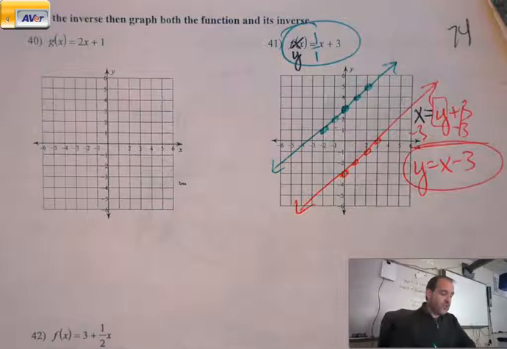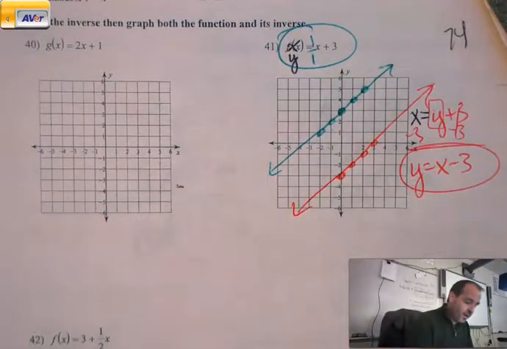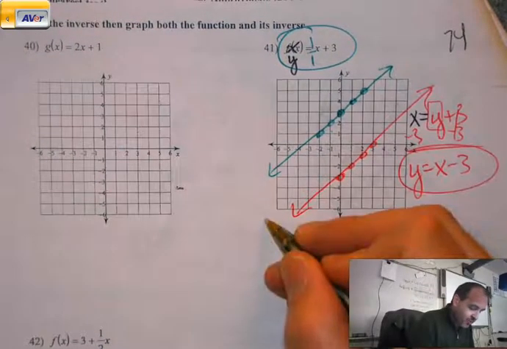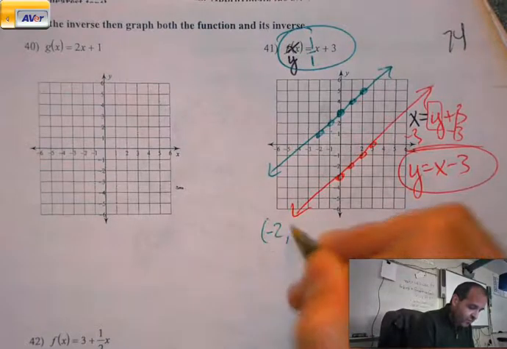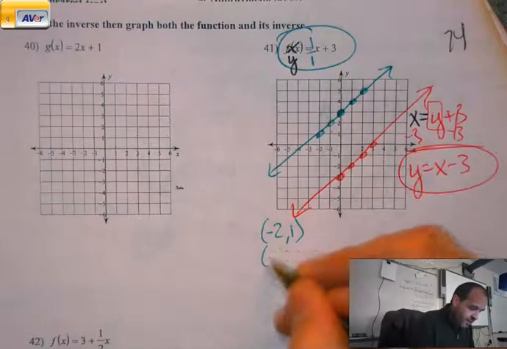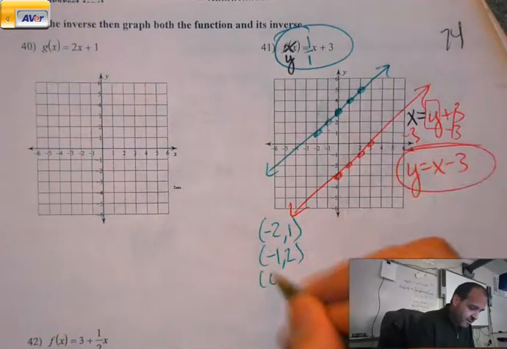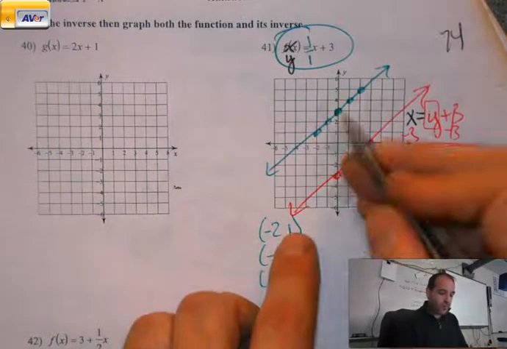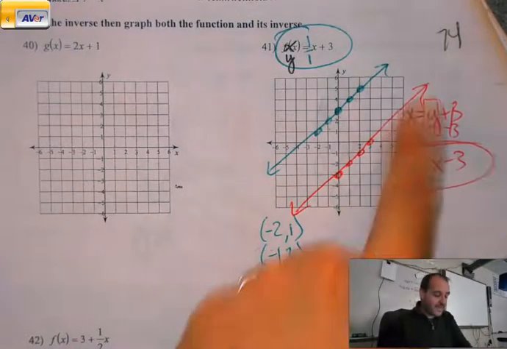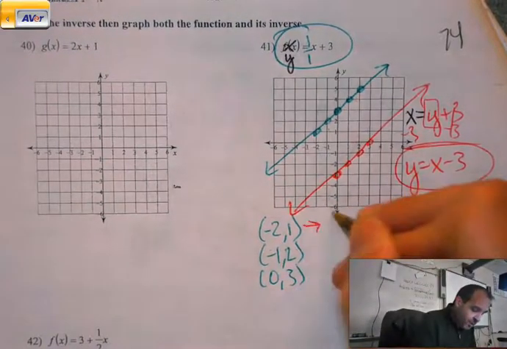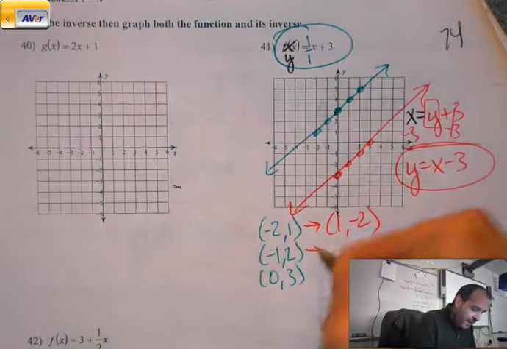We did one more of these too. Let's say my initial line here, I had that. I'm just going to jot down some of those points. So like -2, 1, -1, 2, 0, 3. I'm just going to take these first 3 points. I could have made this line just by swapping.